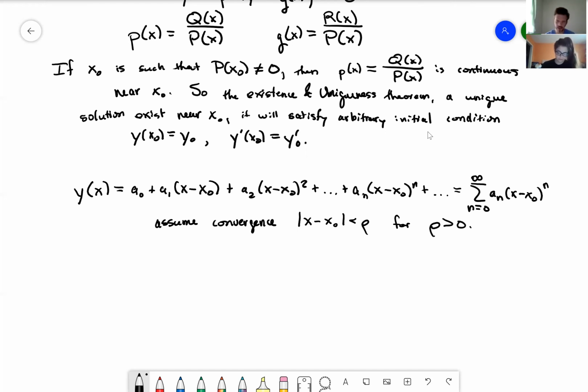Sometimes in, for example, Calc 2, we would convert functions in terms of elementary functions into power series in order to say something about them. This is because power series are, in a certain sense, really easy to deal with. They're easy to deal with numerically because we know they converge, so we can just deal with the first certain number of terms until we get close enough to the solution that we want.